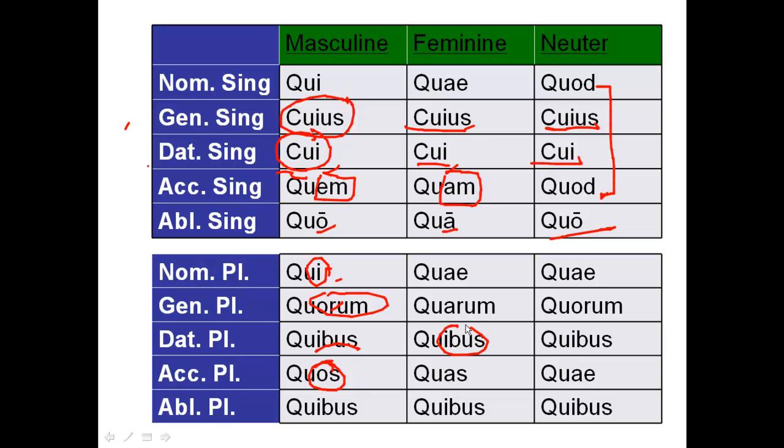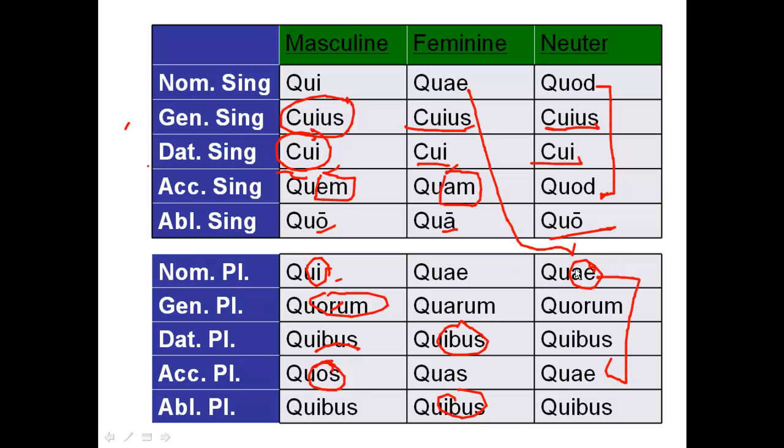So again, if you can just remember that for all these forms, the dative and ablative plural are that third declension, ibus. Lastly, with the neuter, the one trick, quae, is the neuter nominative plural. One thing you can always remember is that the feminine nominative singular is always going to be the same as the neuter nominative plural for adjectives.